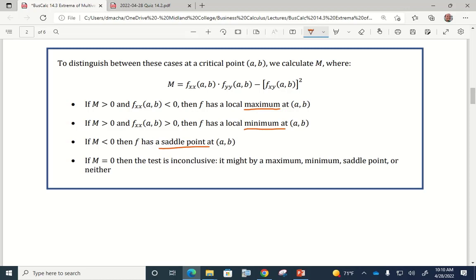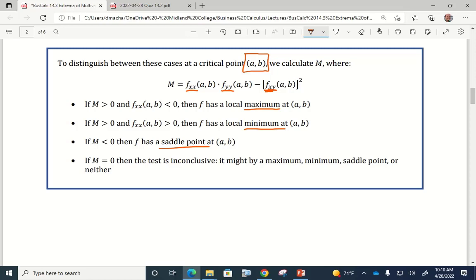We're going to make our list of critical points, and a critical point is going to have both an x value and a y value for a multivariable function. And then we're going to find all of my second derivatives. Right? So we have the second derivative with respect to x, the second derivative with respect to y, and the mixed partial, which is the derivative with respect to x and then the derivative with respect to y.